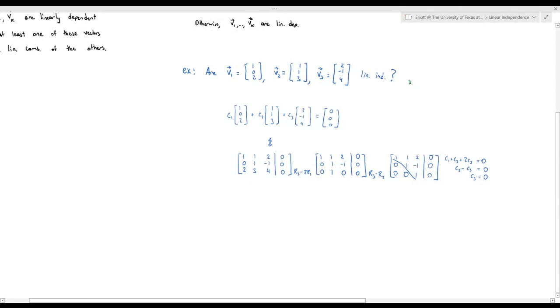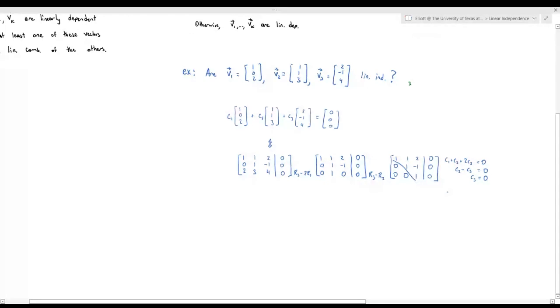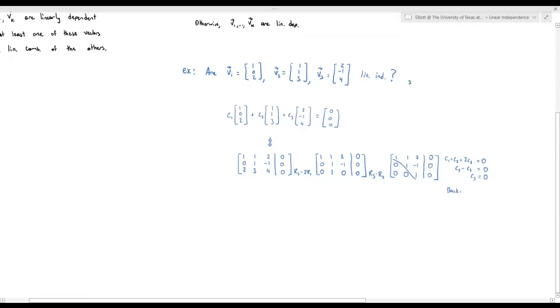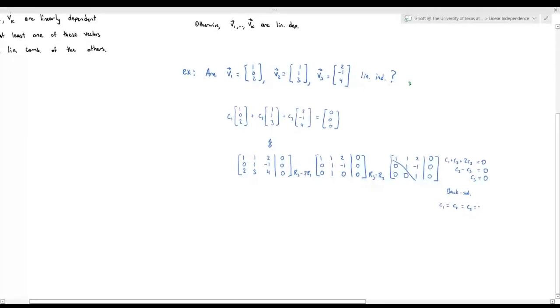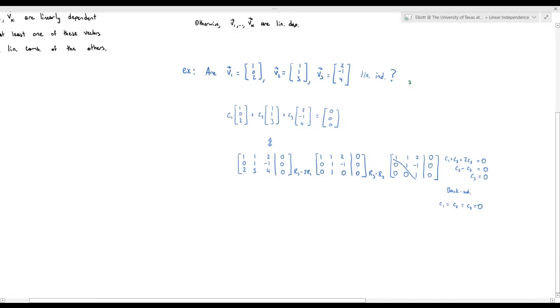Normally after reducing to upper triangular form, you do back substitution. But here it's clear: c3 is 0, plug that in, c2 is 0, and then c1 is 0. The only solution is that all the c's are equal to 0, okay?